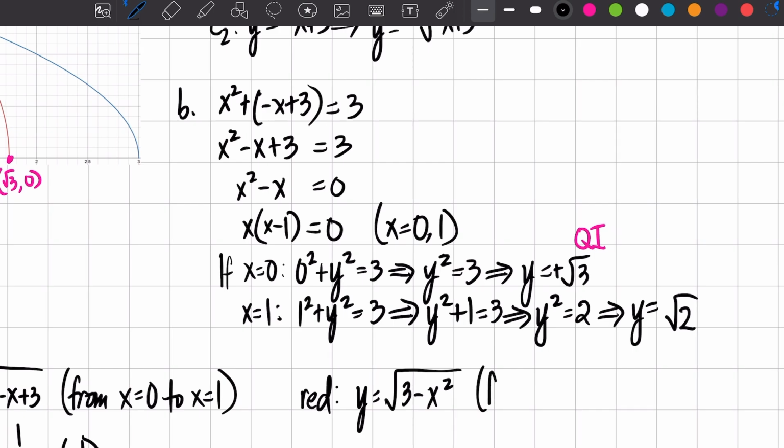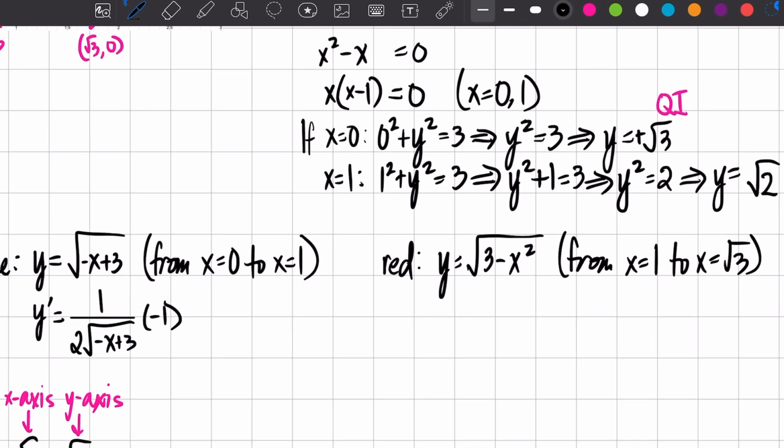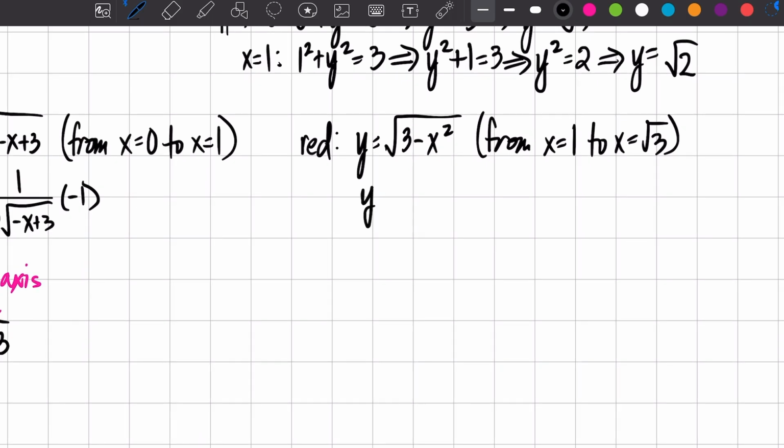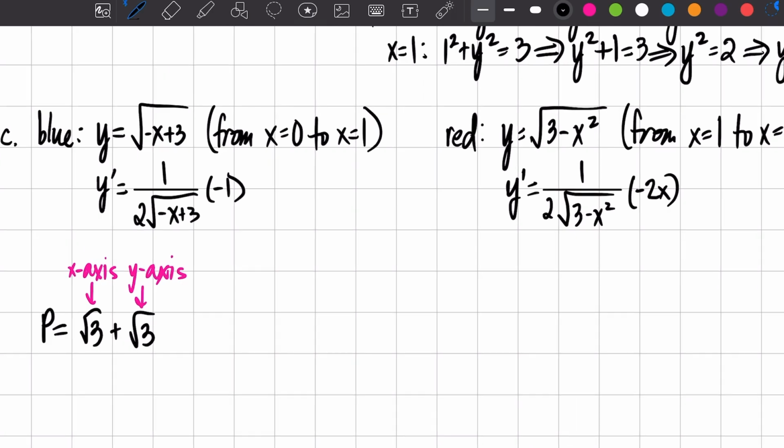So let's obtain the derivative of this one. y prime equals 1 all over 2 multiplied by the square root of 3 minus x squared, multiplied by the derivative of the inside, which is negative 2x. So we can do this now.